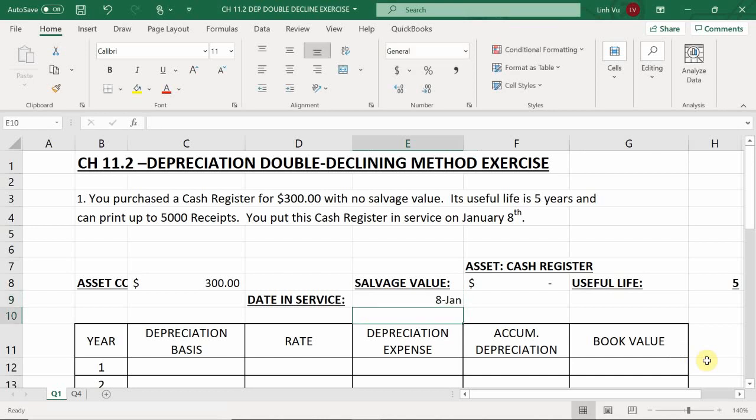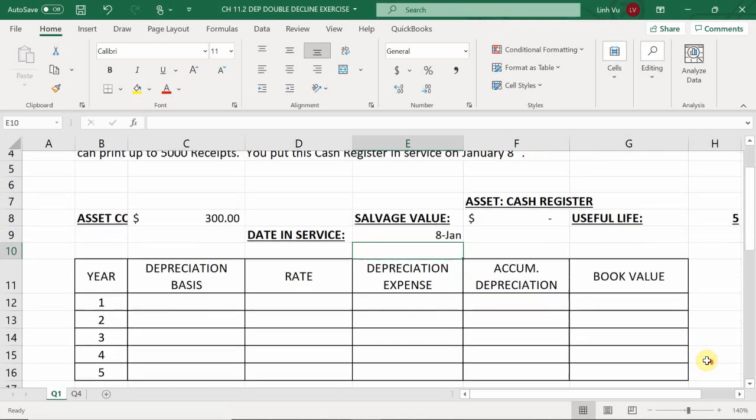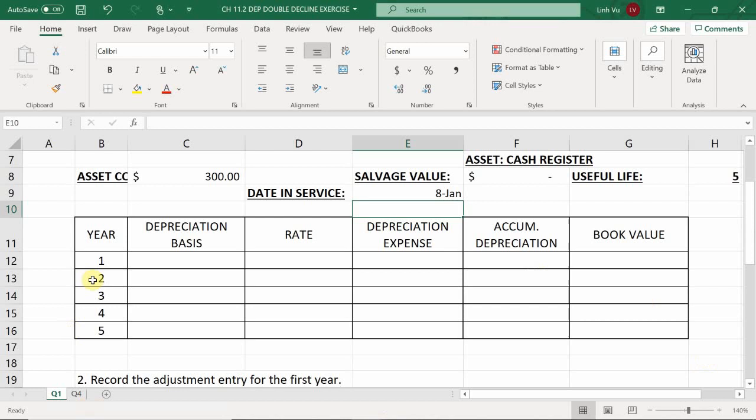Are we going to depreciate for the month of January or the month of February? January. So if our assumption is that we adjust at the end of the year, December 31st, then we are going to be depreciating it for its whole entire year in the very first year. Okay. So let's dive right into this.